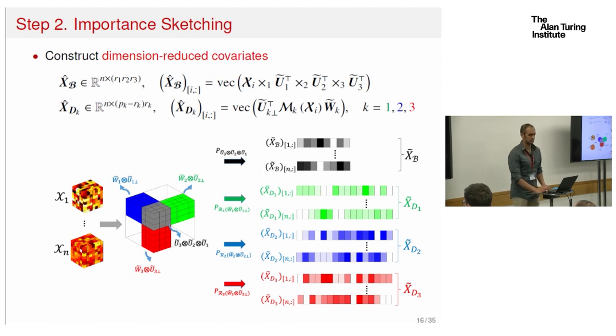In particular, we get a core tensor type of representation for our x's, and then we also get these green, red, and blue arms through the U's and the W's. The idea is these are much lower dimensional than our original tensor. You imagine that your tensor has these P1, P2, and P3, and we're only getting a sketch of that as a representation of our x.